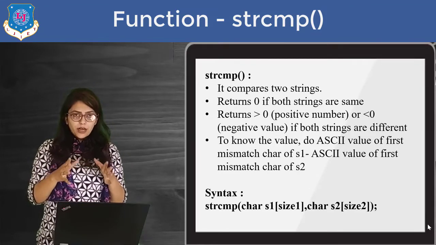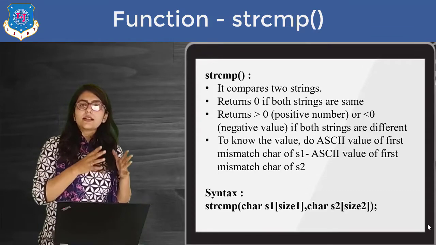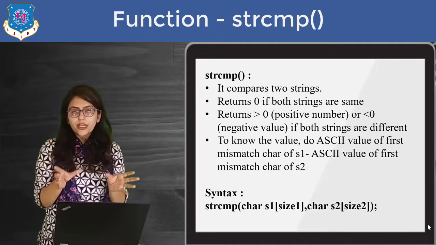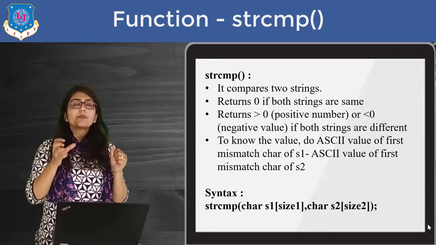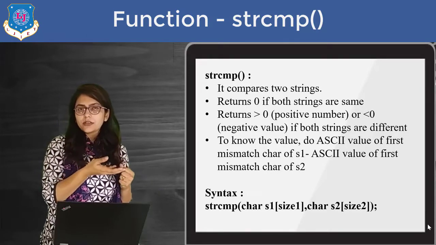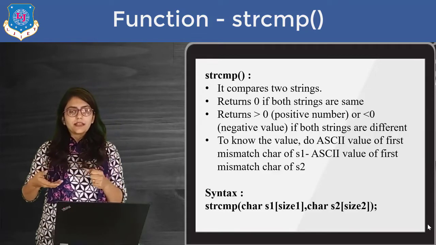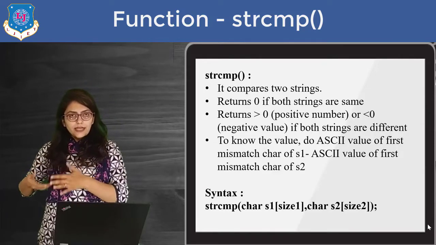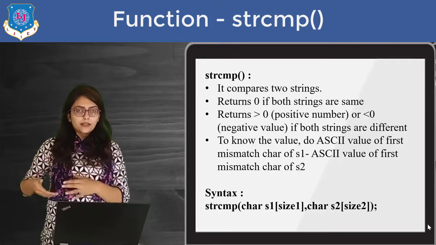What exactly is being done whenever you take two strings as source and destination inside strcmp is that it takes the ASCII value of the first string's first character and subtracts from it the ASCII value of the second string's first character.